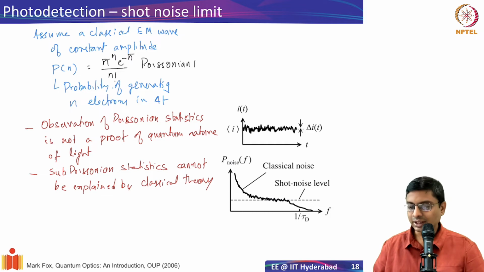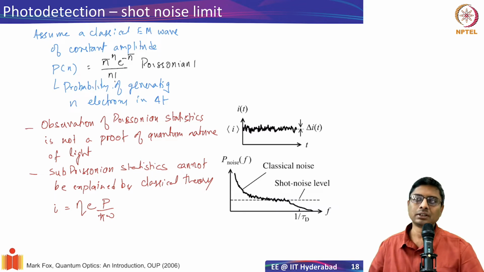So in effect, the current is going to be determined by the number of electrons that are generated in response to incident photons. So basically that number of electrons will be the quantum efficiency eta times the number of photons, which is power divided by h cross omega. So when you have n photons coming in, if all of them generate electrons, then you basically have e, the charge of the electron, and charge per unit time gives you the current. So this eta factor is telling us the quantum efficiency.